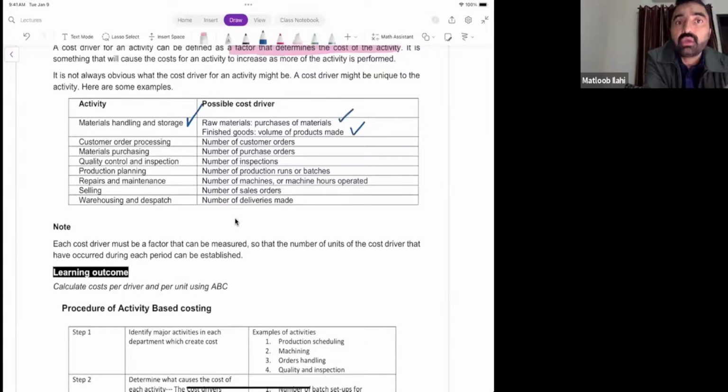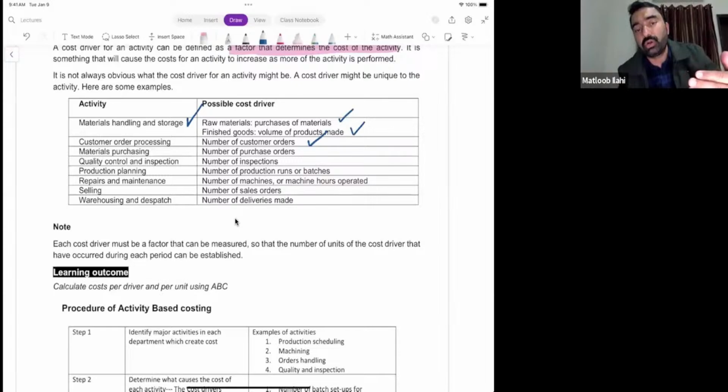The more volume of products we make, the higher the storage cost. The more material purchased, the higher the material handling cost. I hope you are understanding this link. Customer order processing: what should be its driver? Very simple, number of customer orders. Higher customer orders mean higher customer order processing cost.